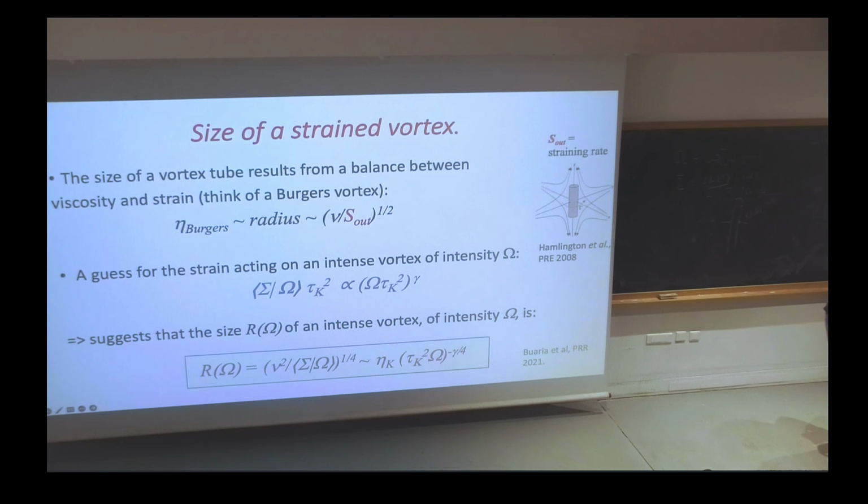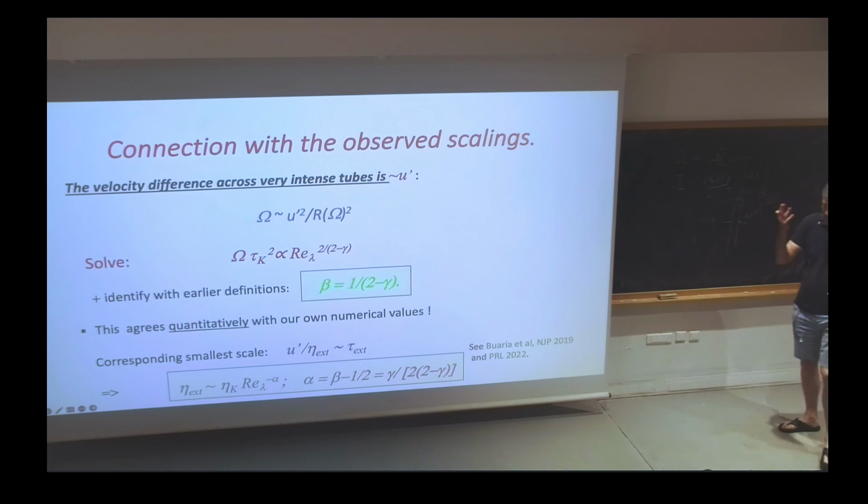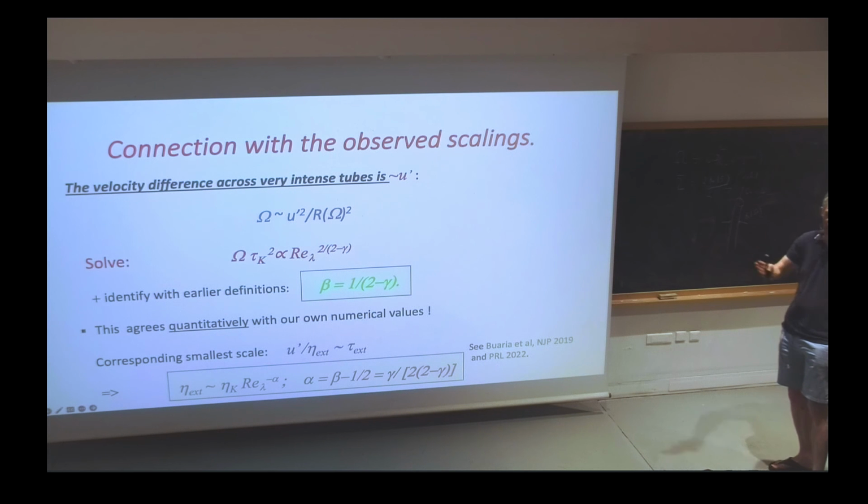Go ahead, please. Okay, and with that you can effectively close the problem, because once you say that the velocity difference across a very intense tube is u prime, then omega will be of the order of the velocity scale divided by the length scale. And effectively you can close, and you start writing an equation for this tau x, which will involve this gamma.